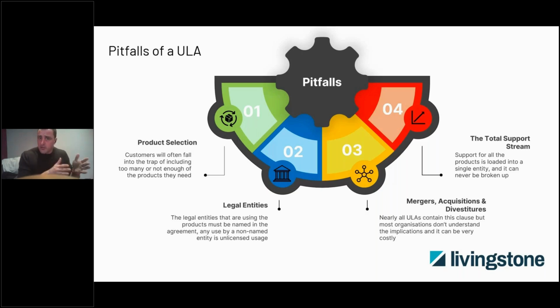But a lot of products don't make any sense in a EULA. And I'll give you an example of this. If you've got e-business products, so things like payroll and HR, those products have an employee metric. The number of employees that you have under that metric is not likely to increase significantly. So therefore, it doesn't make sense to have those products in a EULA.